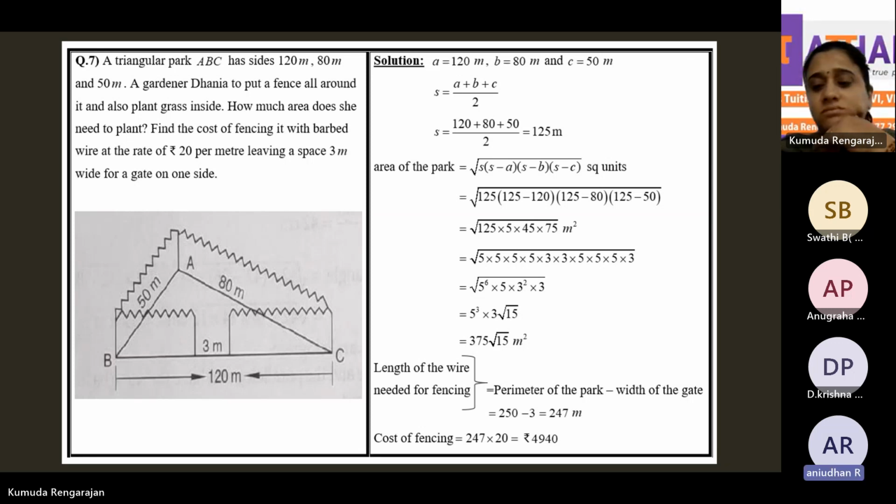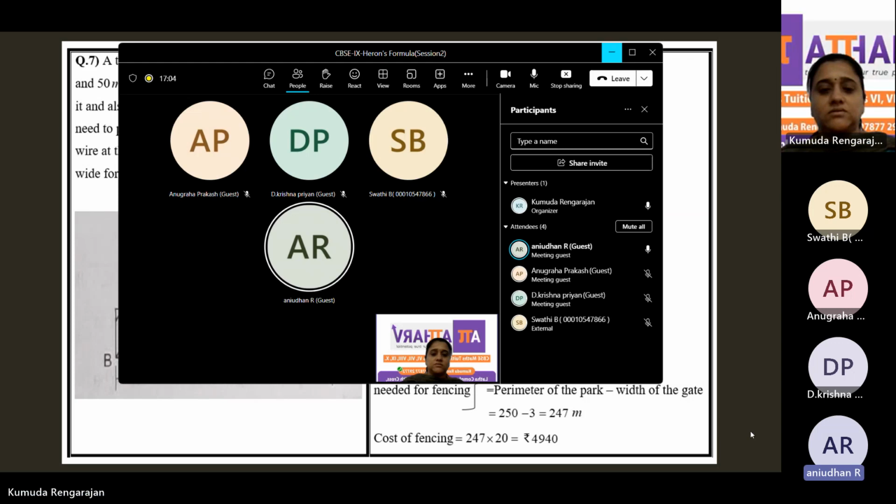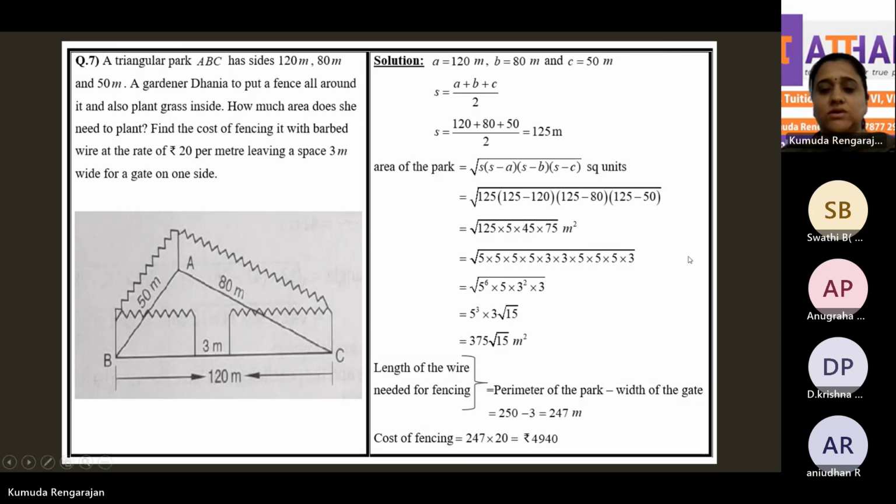Good evening, ma'am. Yeah, hi, Aniruddhan. Good evening. You just joined? Yes, ma'am. Okay, so take down this answer. Take the screenshot maybe, because the others have started writing.